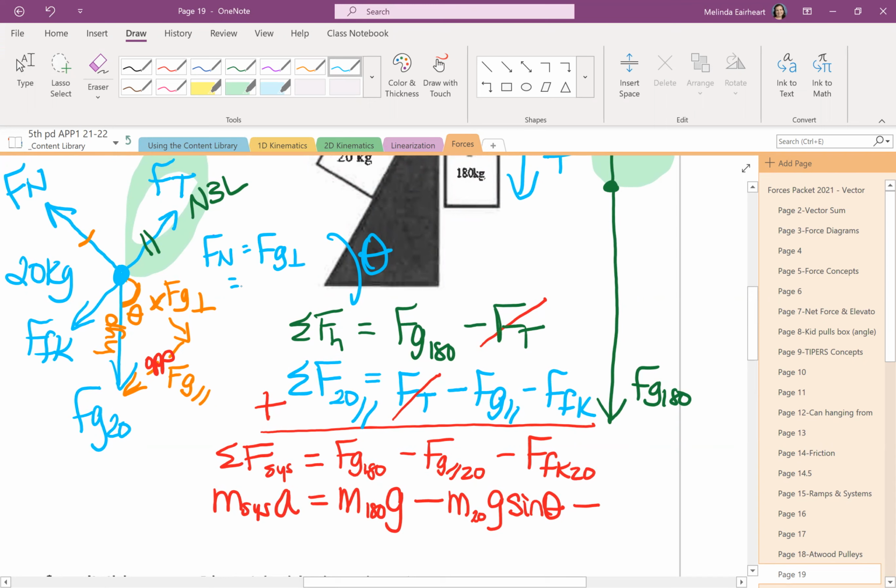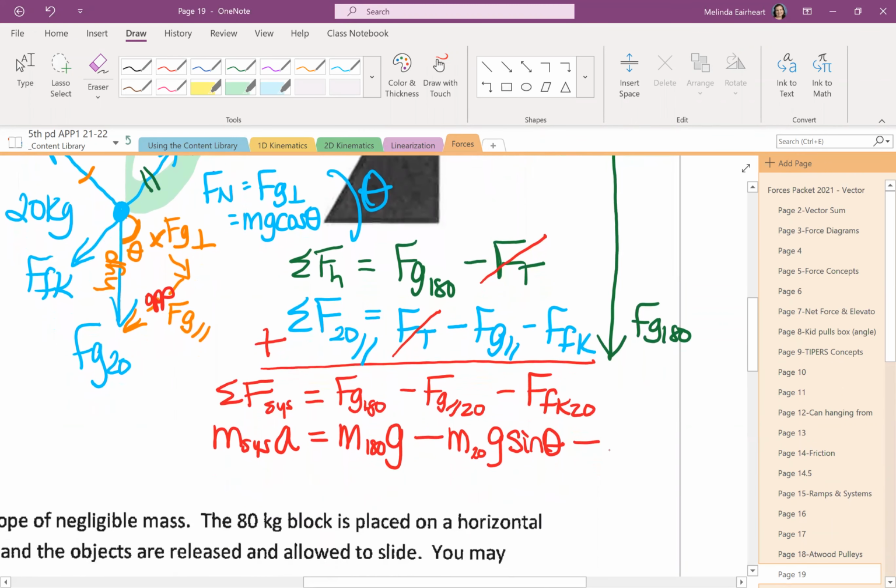And which trig function do you use to find the perpendicular component? Cosine. So it would be the mg cosine theta. Again, if you want to memorize that equation, it's 99% of the time. And so I'm going to plug that in. Don't forget your mu. Mu k times m, which m? 20. G cosine theta.